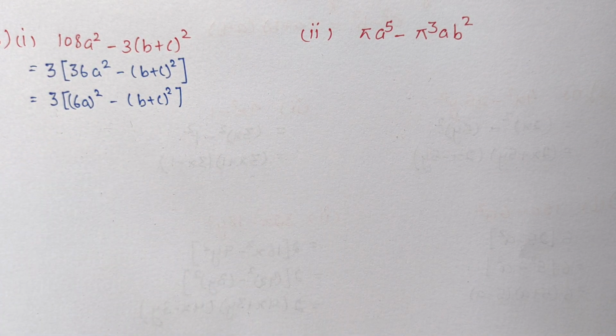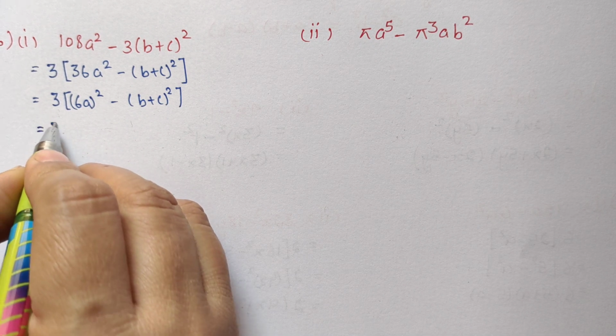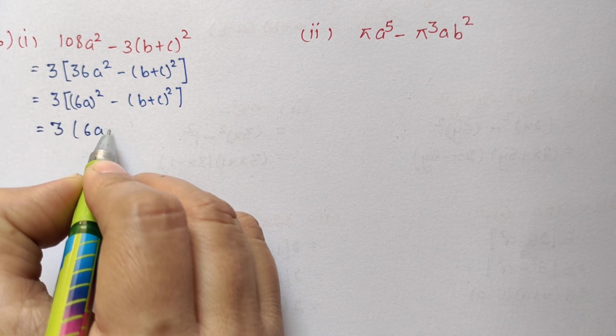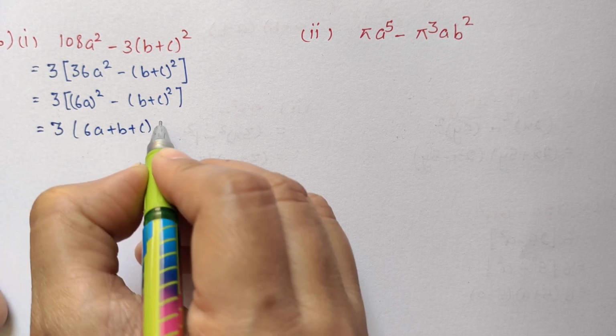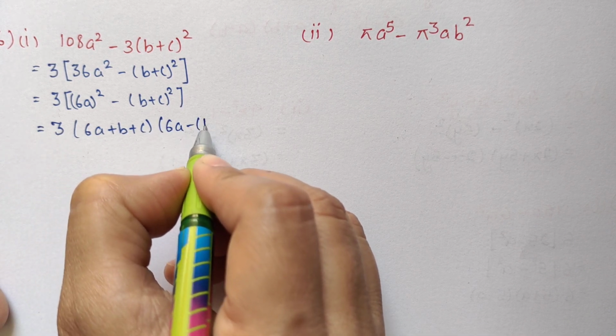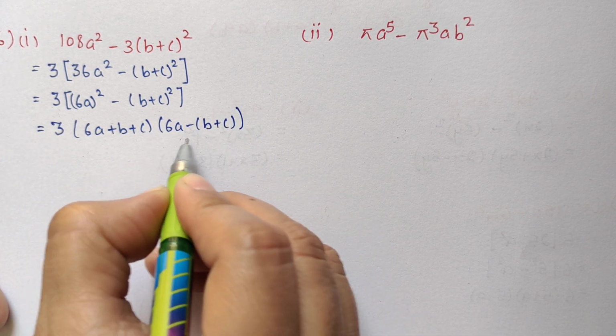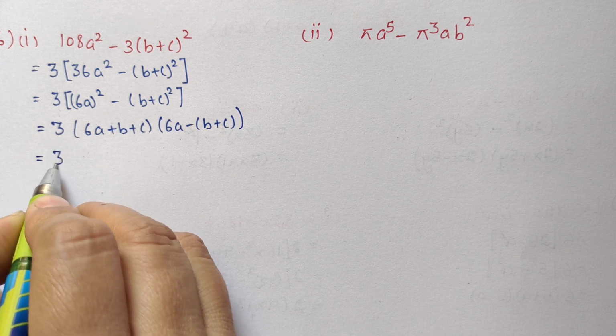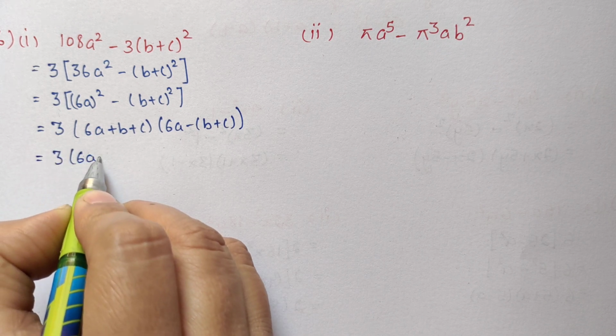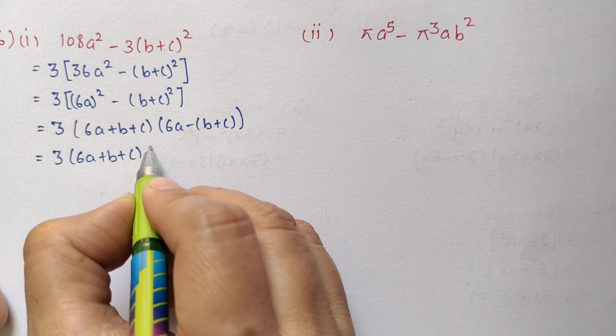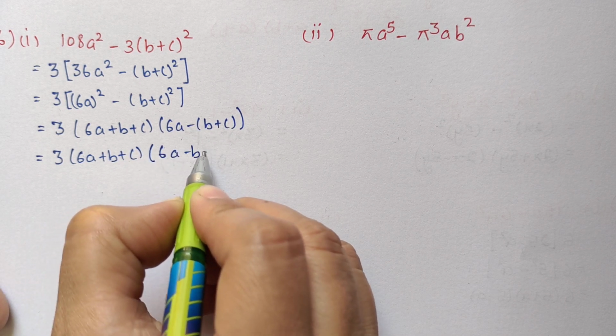Now we can use the identity a square minus b square is equal to (a + b)(a - b). So it will become 3 times (6a + (b + c)) and (6a - (b + c)). Remove this bracket: 3(6a + b + c) and here it will become (6a - b - c).